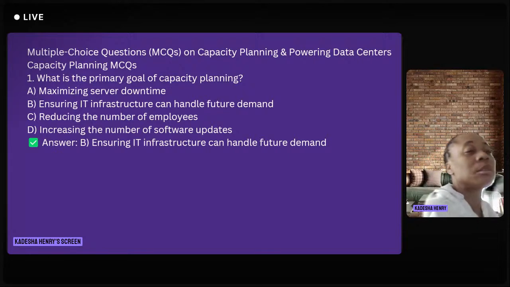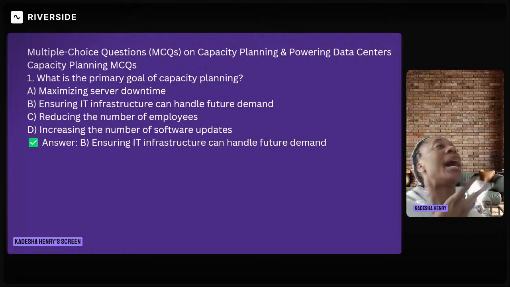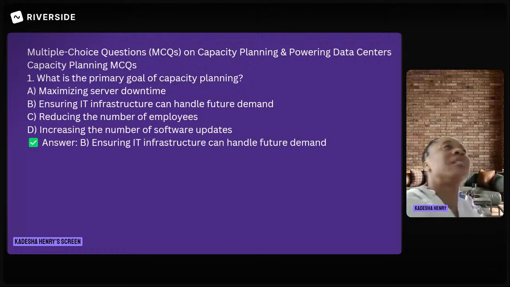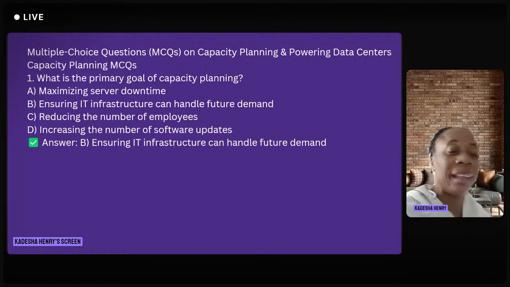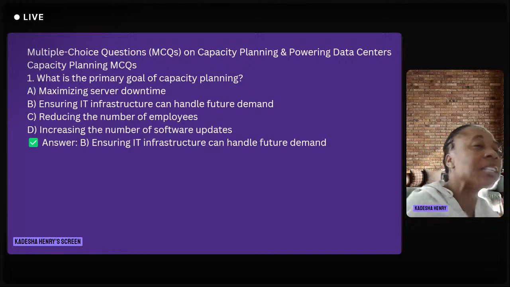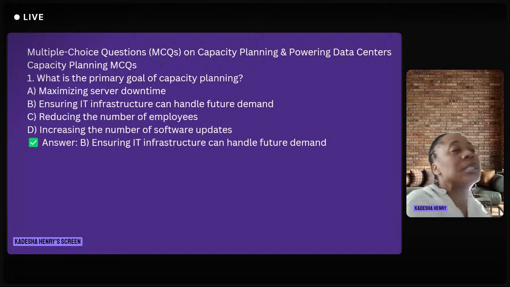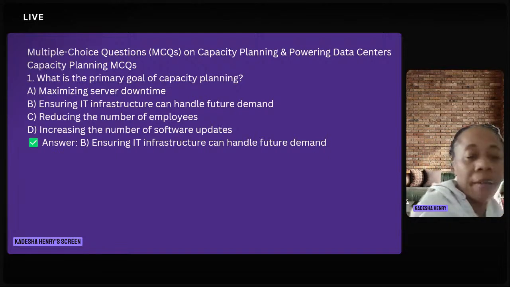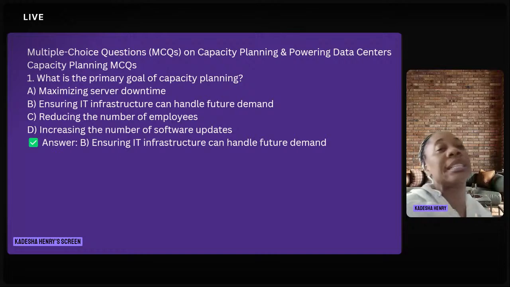We have to make sure that whatever our IT infrastructure is, it can handle future demand. So when 1 million people come on the network, on the server, on your online platform, can it handle all of that?